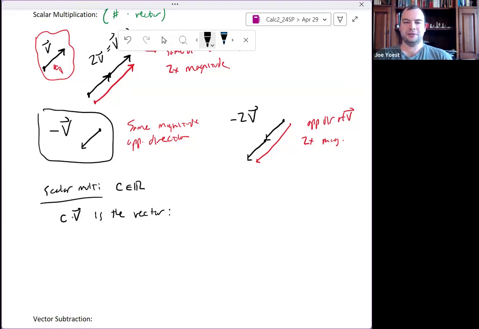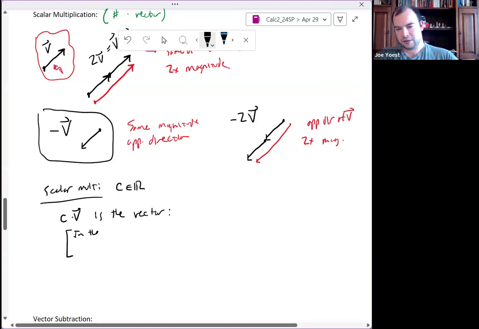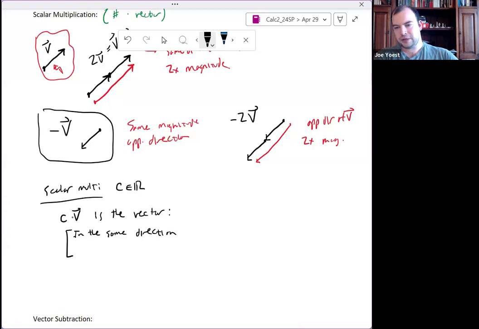So c v bar, c the scalar times v the vector, is the vector either in the same direction as v if c is bigger than 0, or in the opposite direction of v if c is less than 0.